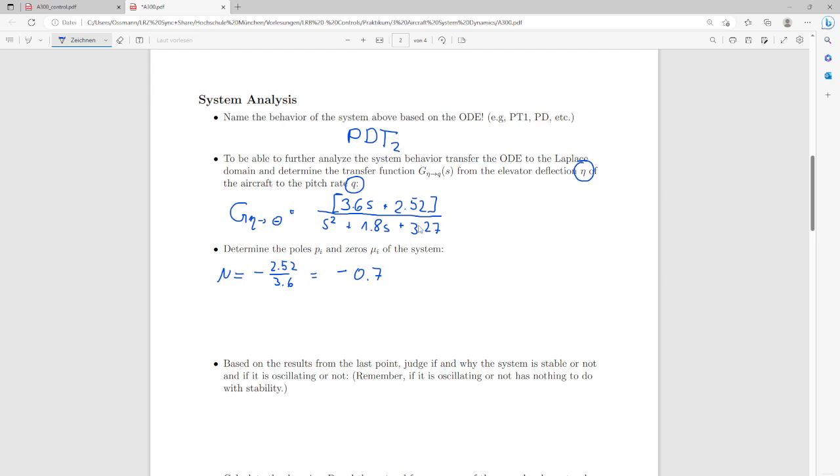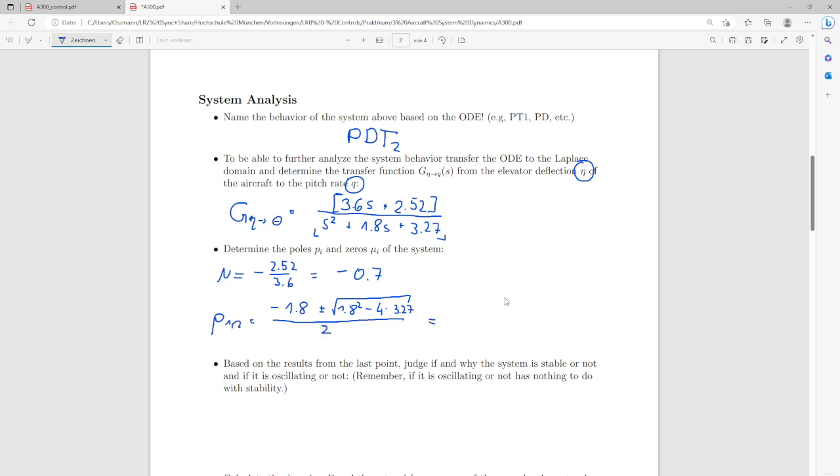Okay, for the poles, we have to set the denominator to 0. So we use the quadratic formula for the poles. Our two poles are located at minus 1.8 plus minus the square root of 1.8 squared minus 1 times 3.27, and that whole thing is divided by 2.